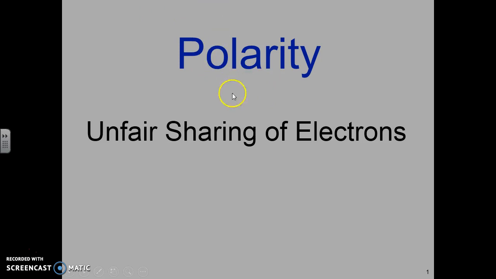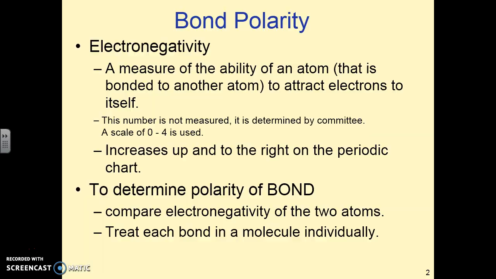When electrons are shared unevenly or unfairly, the bond is said to be polar, and one of the atoms has more of the electron. If electrons are shared evenly in a bond, the bond is said to be nonpolar. So again, polar is when electrons are shared unevenly, and nonpolar is when electrons are shared evenly between the two atoms.